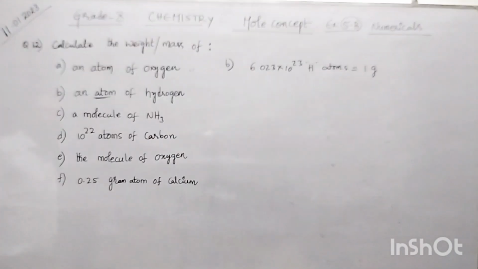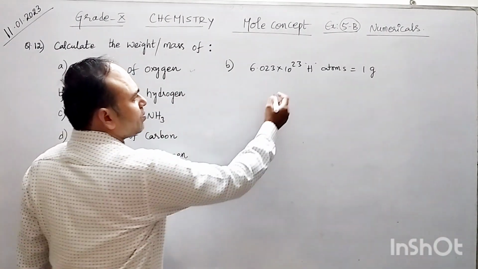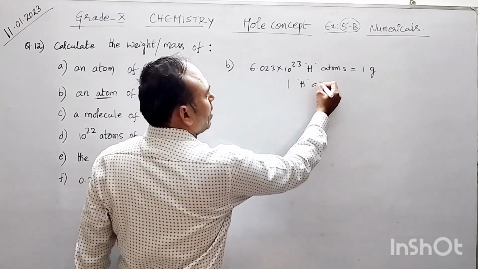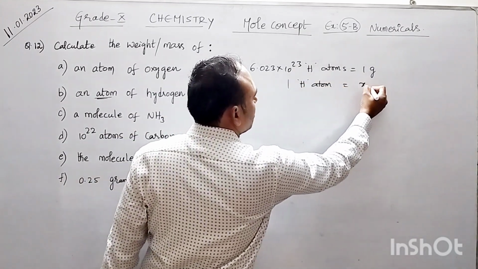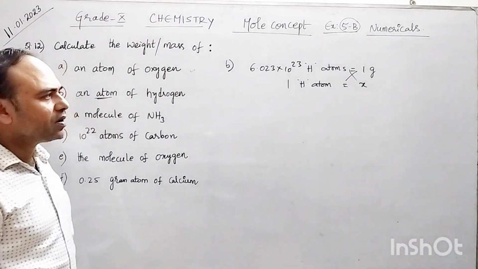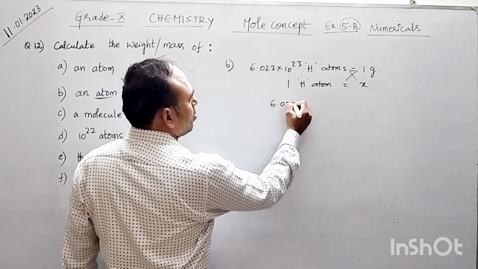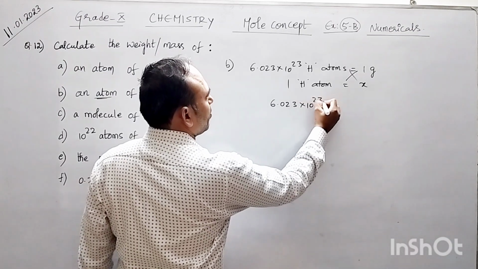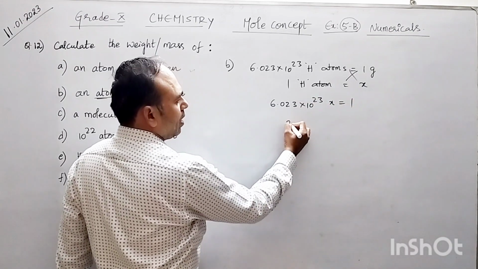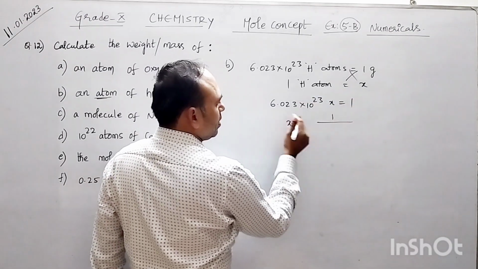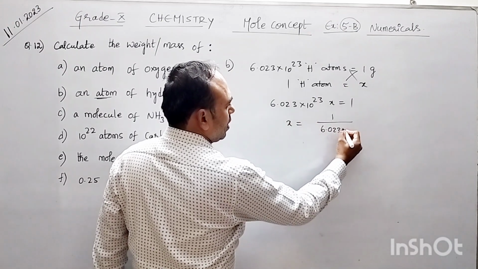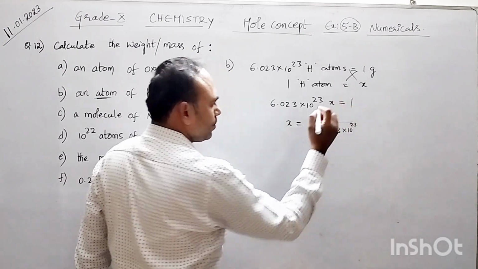That we already know, the atomic mass. They are asking only one atom. So let us take one hydrogen atom, and the mass is considered to be x gram. Cross multiply this. We get 6.023 into 10 to the power of 23 x is equal to 1. x is equal to 1 by 6.023 into 10 to the power of 23.